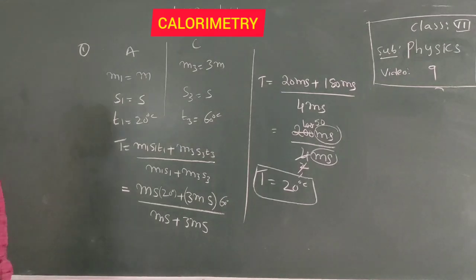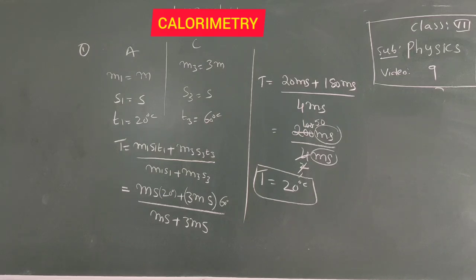If A and C are two liquids with different masses, with different temperatures, with equal specific heat capacity, then the resultant temperature is 50 degrees Celsius.